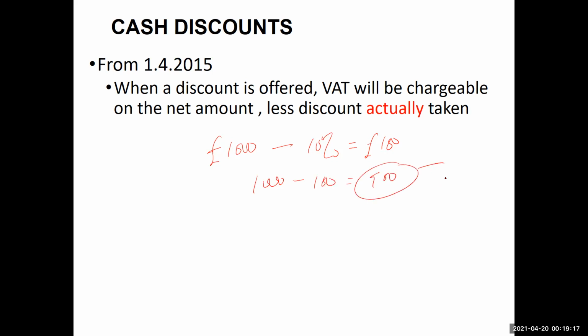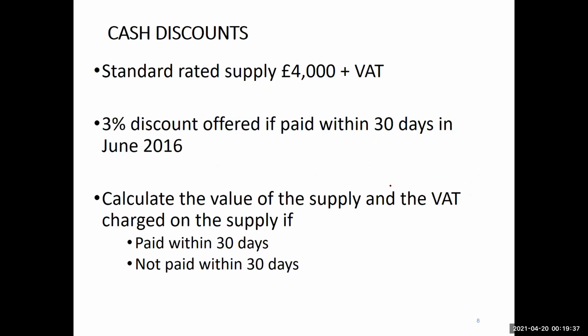It is on this value that we apply either our standard rated or our reduced rated percentage VAT. Whenever there is a discount, effective from 1st April 2015, we deduct the discount before applying VAT.